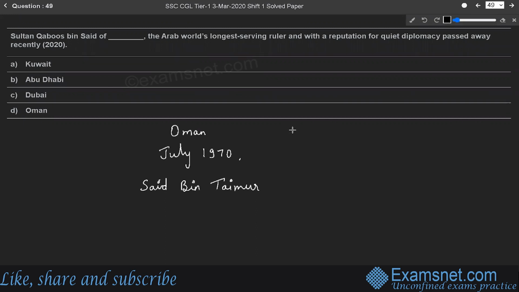Under his reign, Oman joined the UN, which is the United Nations, and the Arab League, and after joining the UN and Arab League, it became a founding member of the GCC. GCC is the Gulf Cooperation Council.